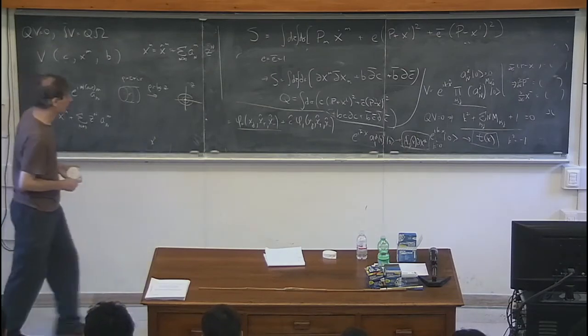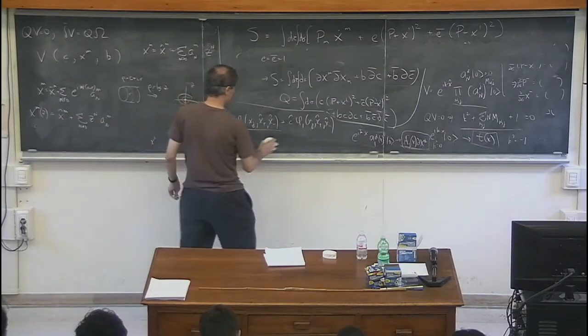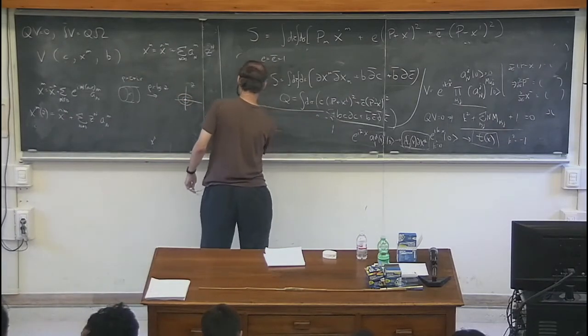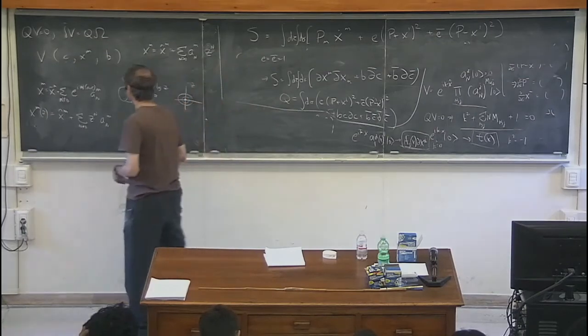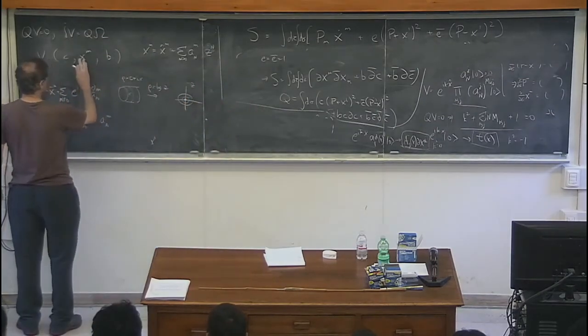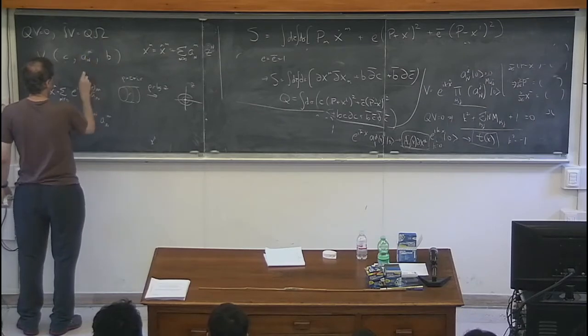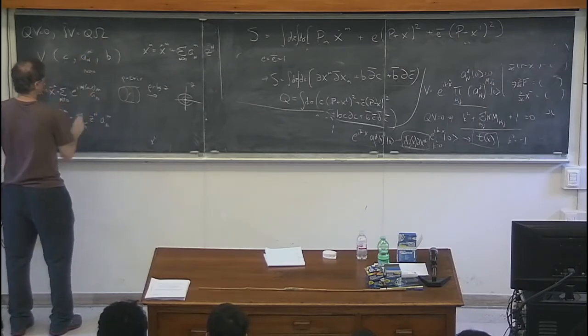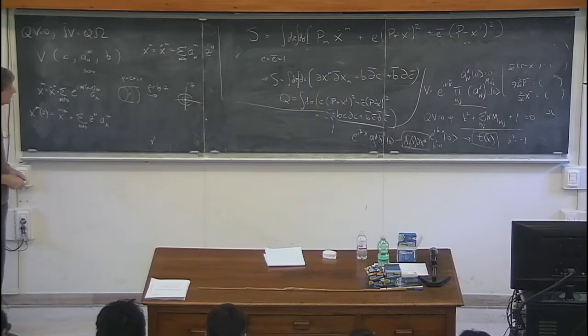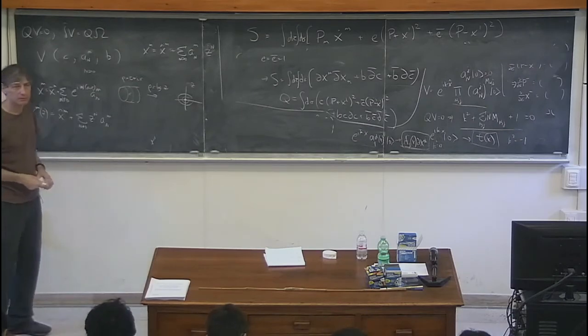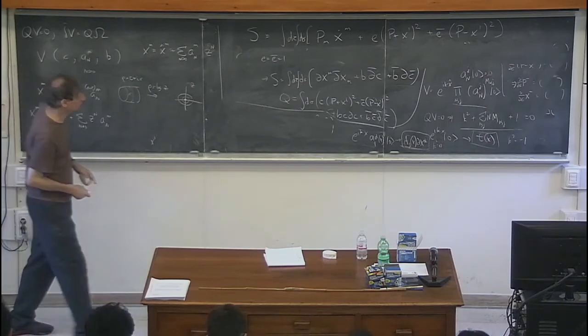Okay, so that's the x dependence. So what I really want to do is to write this in terms of the a_n, where n is greater than 0. Now what about the b's and c's? So this is a function of all of these.